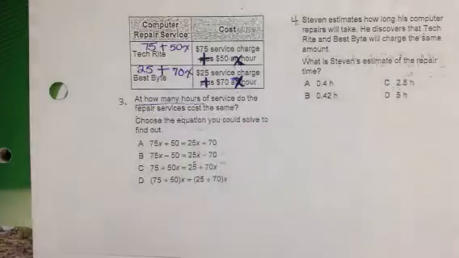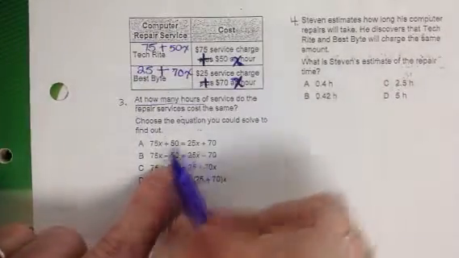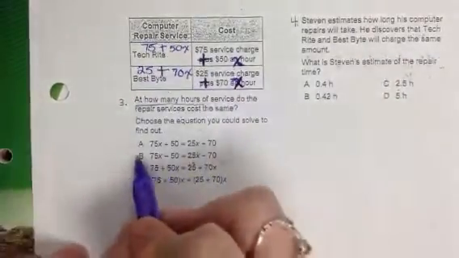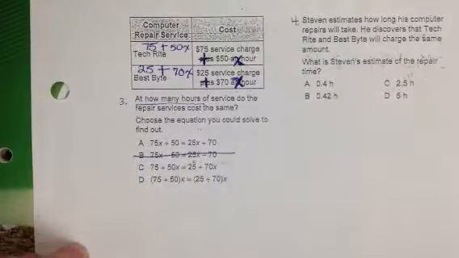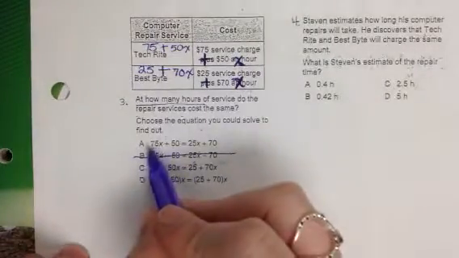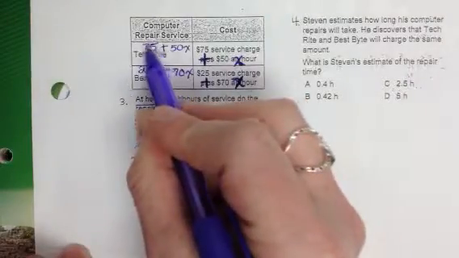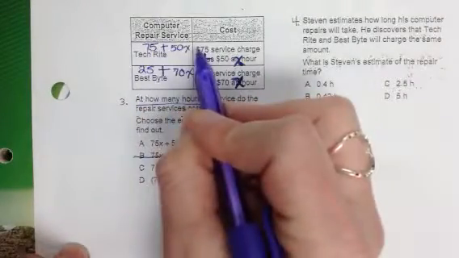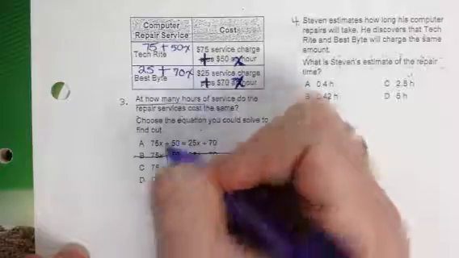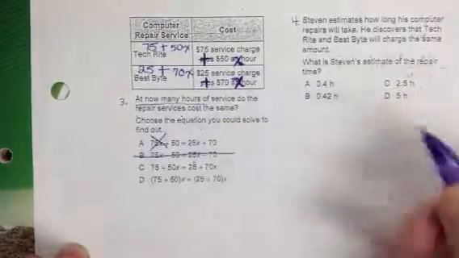Now, since I've written mine, then you can look at your answer choices. The one that really stands out right away is the one that has a minus. I didn't have any minuses. Let's see what else. 75x. No. I'm not paying $75 an hour, so I don't want to smush that together.